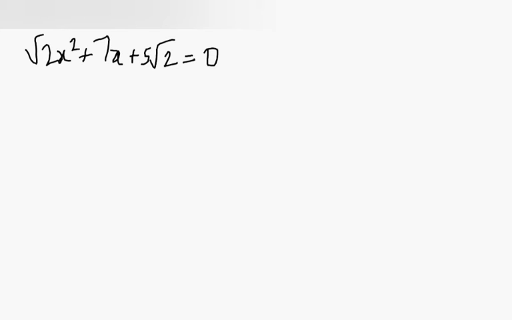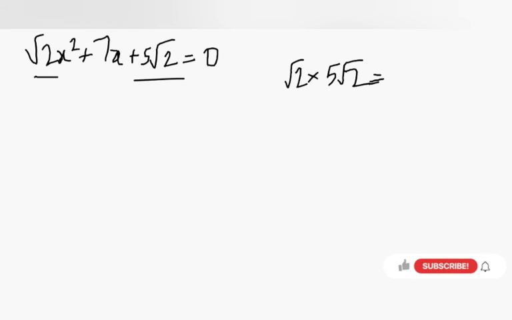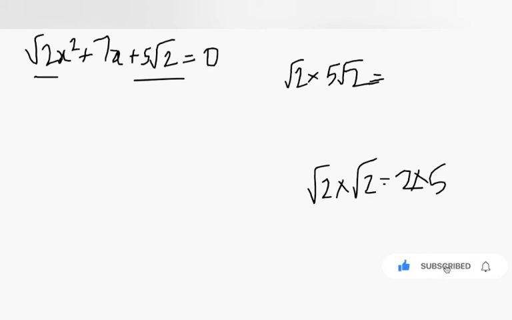For this you multiply the coefficient of x square and the constant, so root 2 into 5 root 2, this equals 10. How I got that? Because root 2 into root 2 is equal to 2, and 5 into 2 we got 10 here.